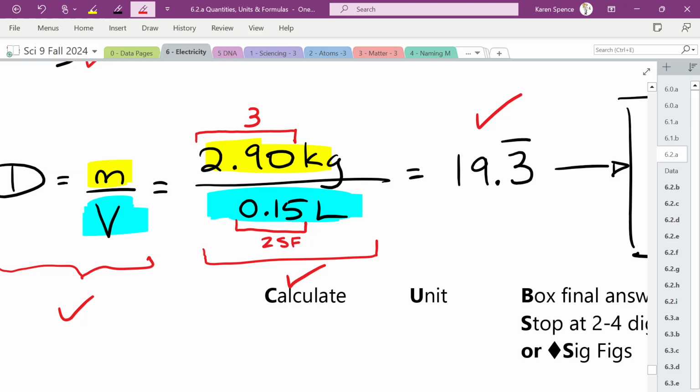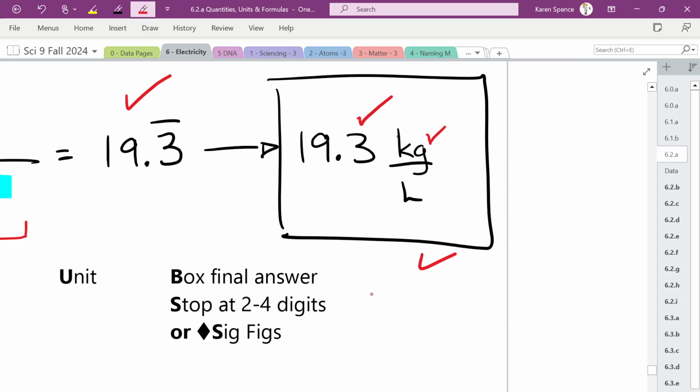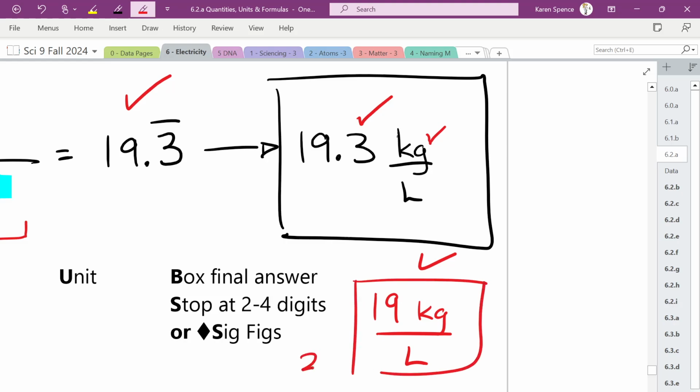Remember, zeros at the front don't count. If you have 2 sig figs and 3 sig figs, you go to the smaller number. So instead of having 19.3, you would just have 19 kilograms per liter, 2 sig figs.